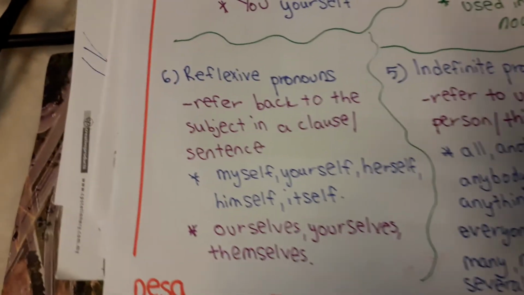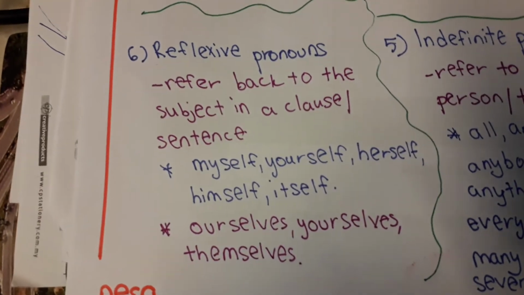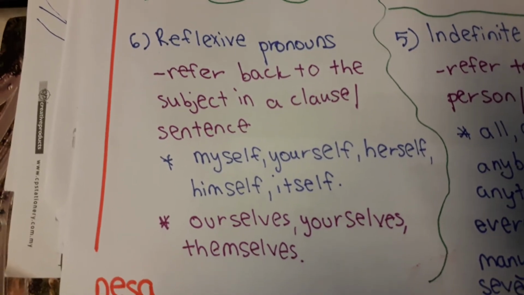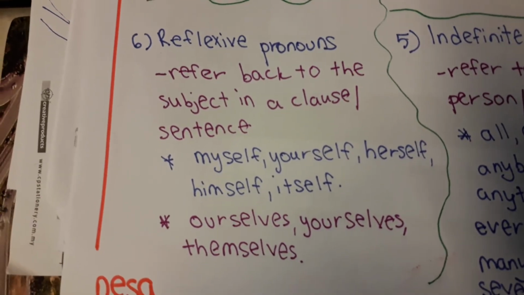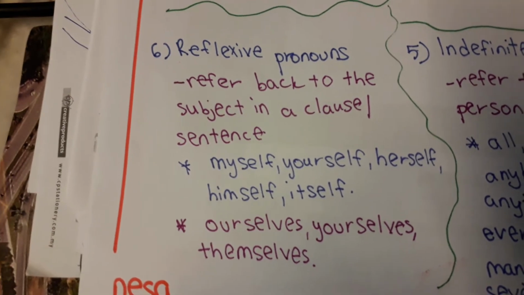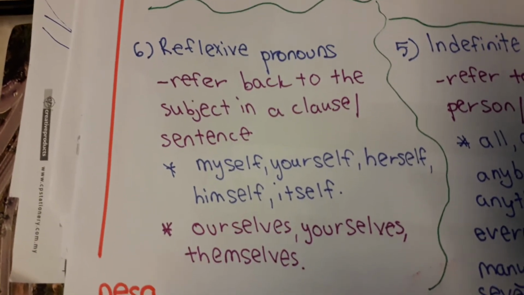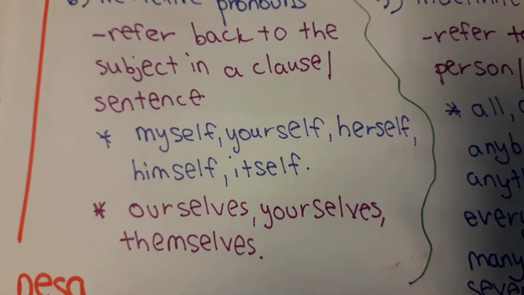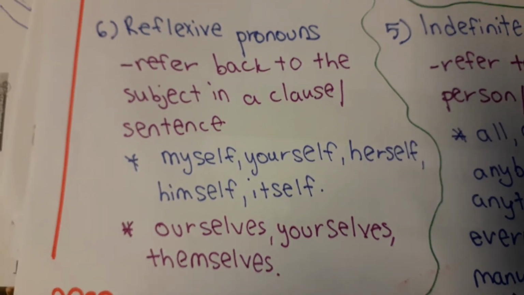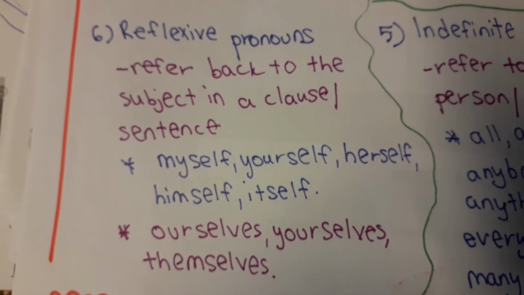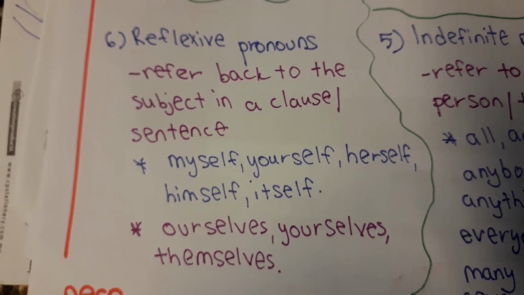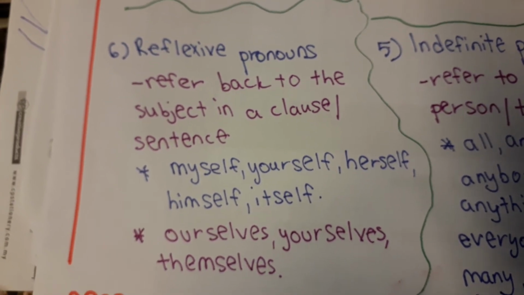Right, the sixth group that I would like to tell you about is reflexive pronouns. These are words which refer back to a subject in a clause or sentence. Examples of these when singular are myself, yourself, herself, himself, and itself.